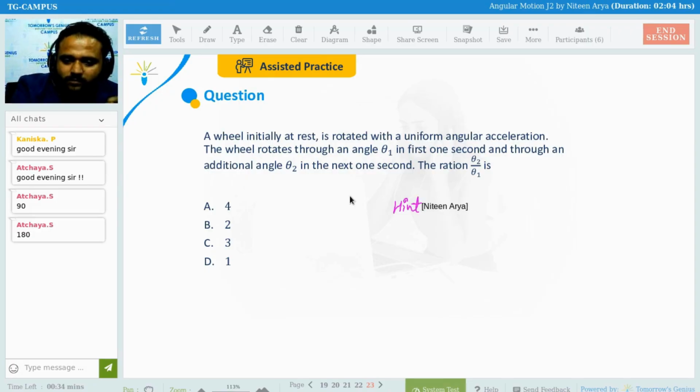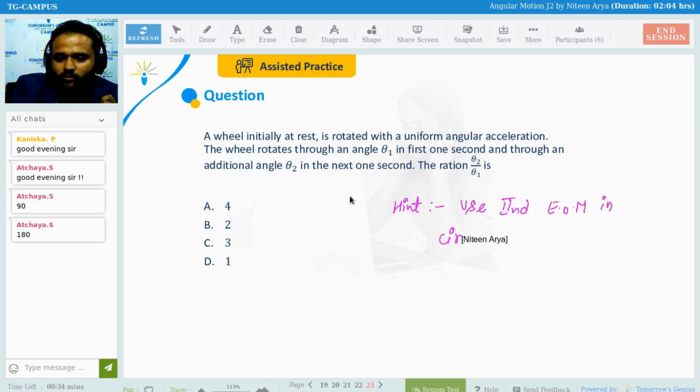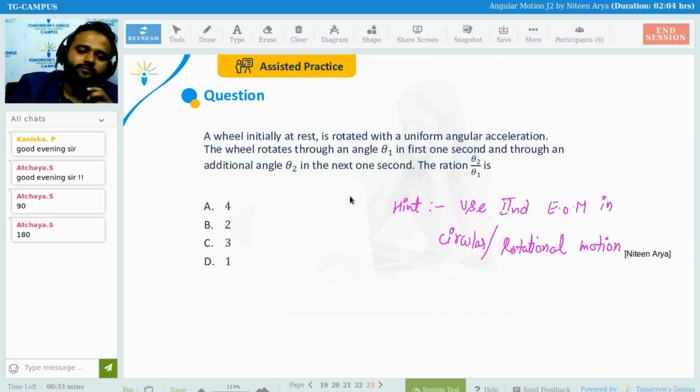Use the second equation of motion in circular motion, like theta equals omega 1 t plus half alpha t square, something so and so. That equation you need to use. How to use it? You think that.